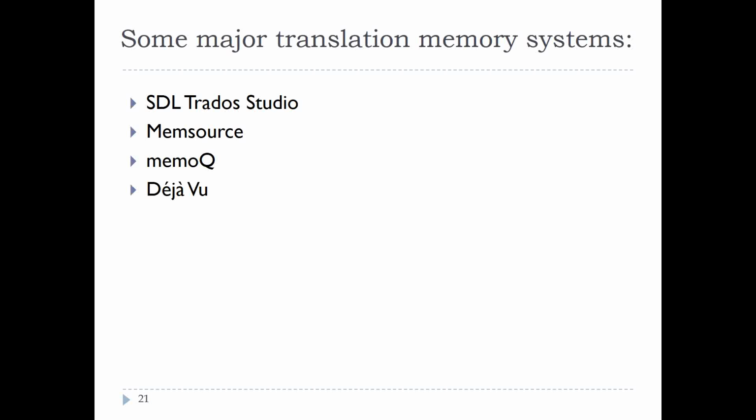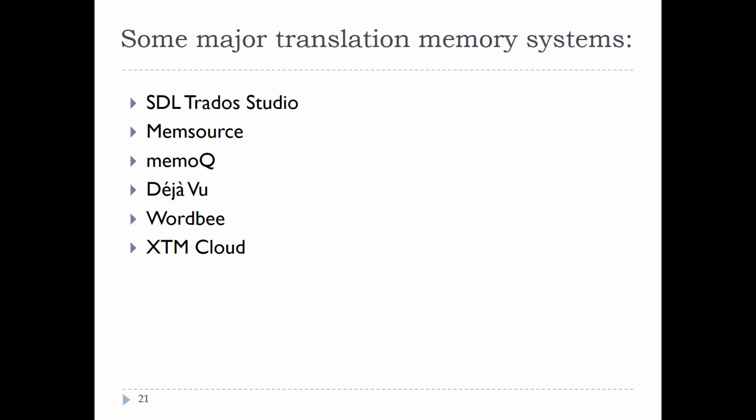You will hear that term increasingly these days, particularly in some circles, but many people continue to refer to these systems by the rather older term, which is translation memory system, and probably you'll hear me using that term as well myself.